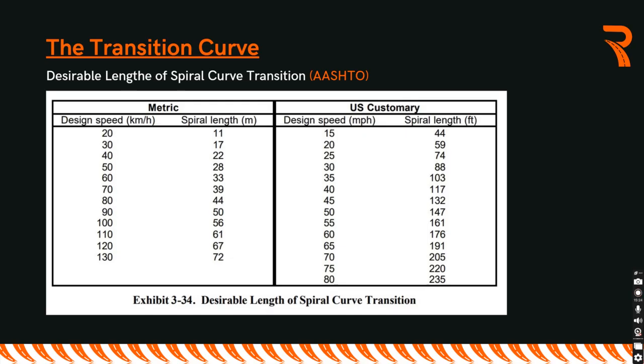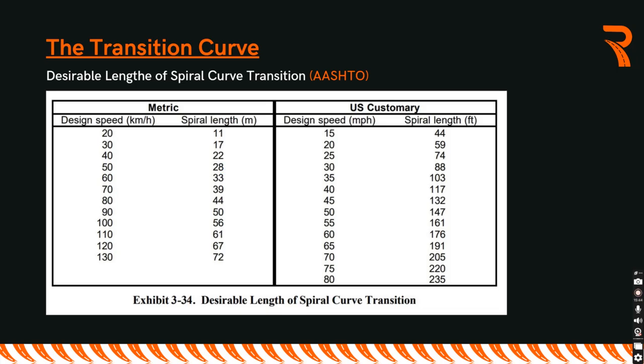And then for the spiral length, there's a table that gives us the desirable length of spiral curve transitions. And these, of course, are tied to the design speed that you choose. So for example, for a design speed of 50, you'd require a spiral length of 28 meters.